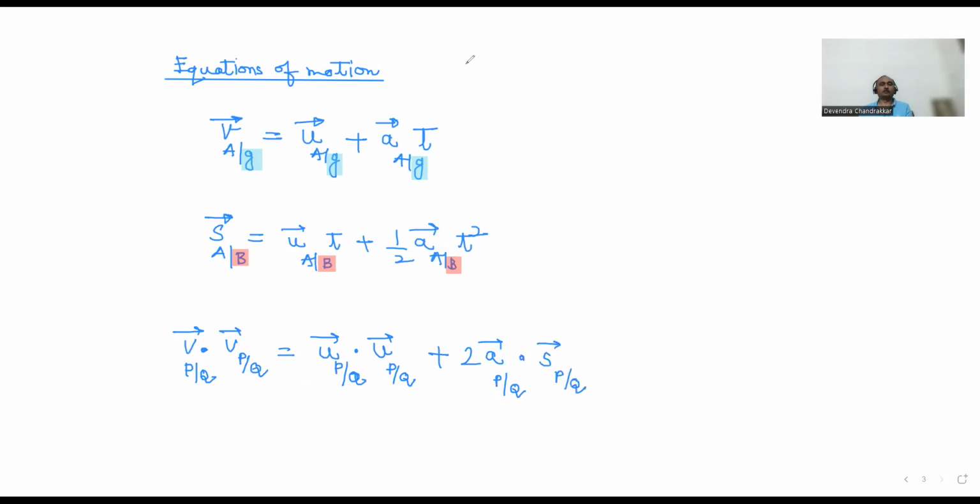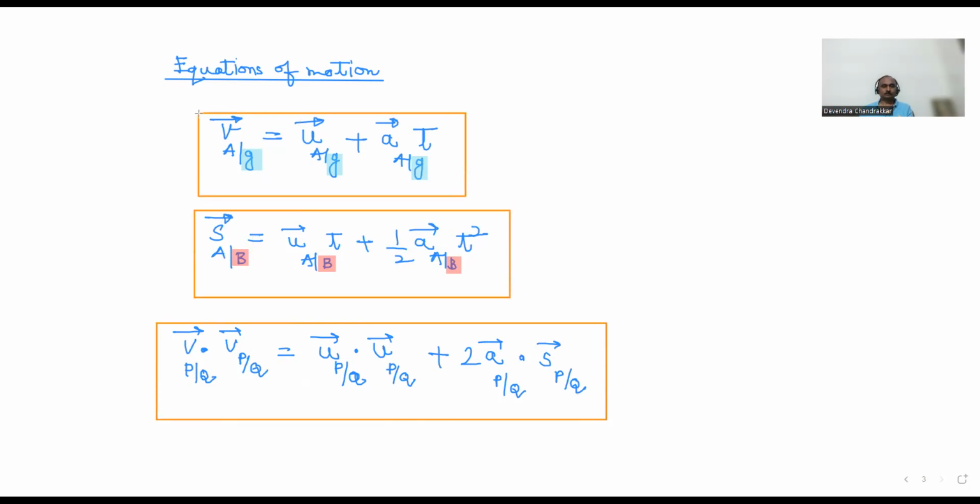I hope all of you understood this. Yes or no? Remember to be careful about the frame of reference while using the equations of motion.